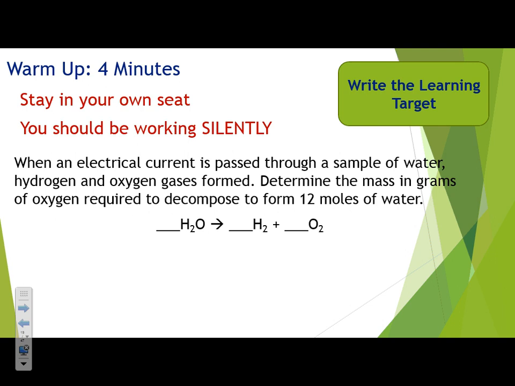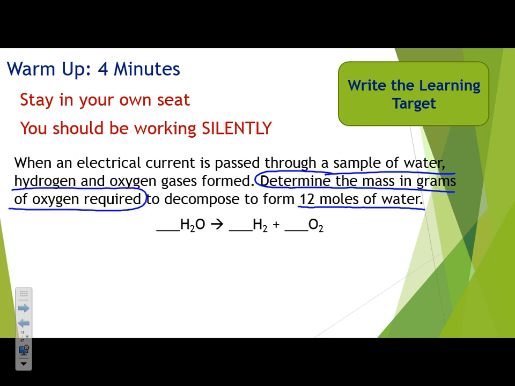Alright, so if we look at this problem, our given number and unit, we have 12 moles of water. Now also, what we are looking for, we're looking to determine the mass in grams of oxygen required.